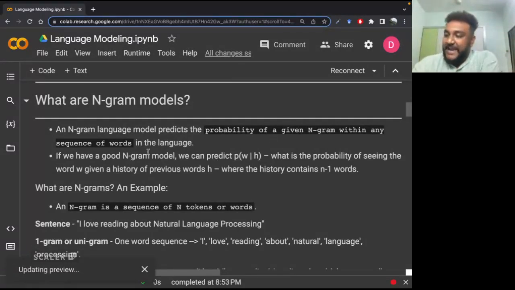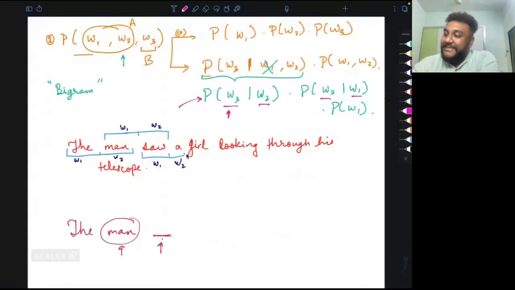Let's now study n-gram models. So guys, the n in n-gram basically tells you how many words I should take and form pairs before I can compute these probabilities.